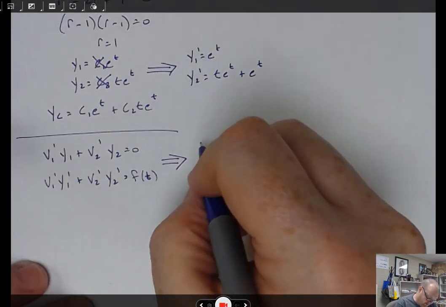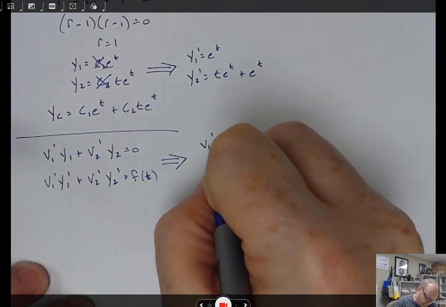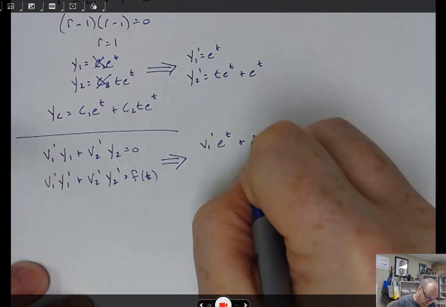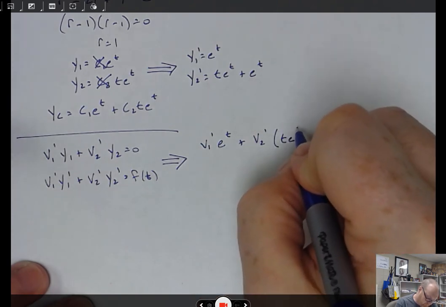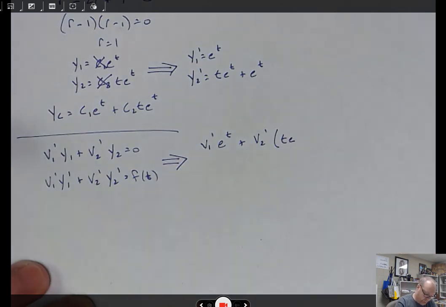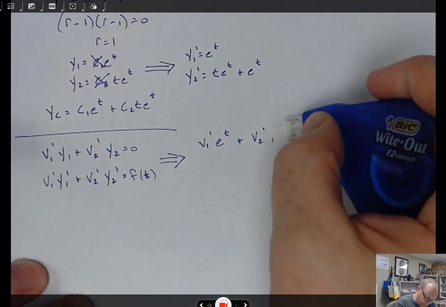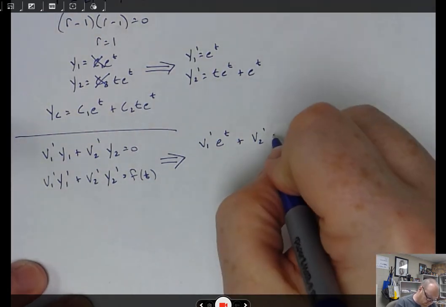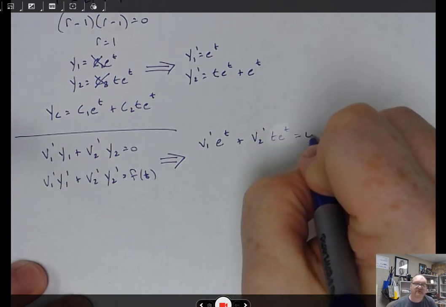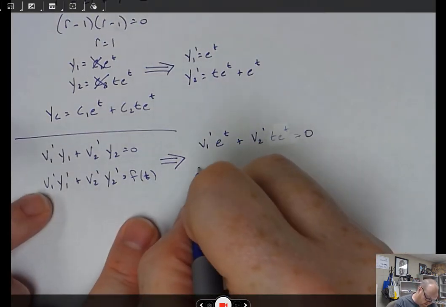So I have v1 prime times y1, which is e^t, plus v2 prime times y2, which is t e^t, all equal to 0. And then I'm going to fill into the second equation.